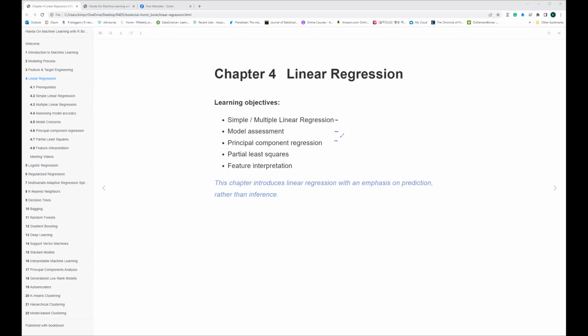This is related to what we just covered about the data dimension reduction process. If we have too many features in our data set, maybe we can reduce their dimension, and then use those principal components in our regression to figure out the relationships or predict some of the outcomes. And then there is also regression called partial least squares regression. And the final one is feature interpretation. So let's get started.